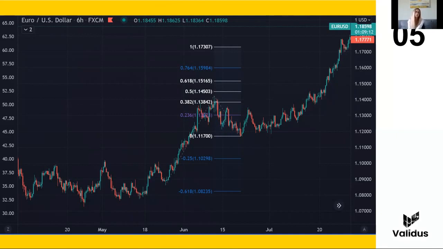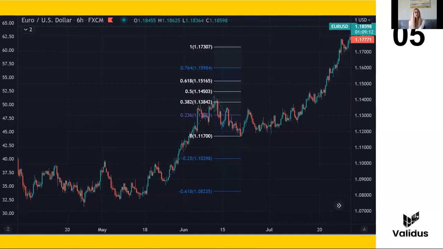If the price moves through one extension level, it may continue moving toward the next. With this said, Fibonacci extensions are areas of possible interest. The price may not stop or reverse right at the level, but the area around it may be important. So for example, the price may move just past the 1.618 level or pull up just shy of it before changing directions.